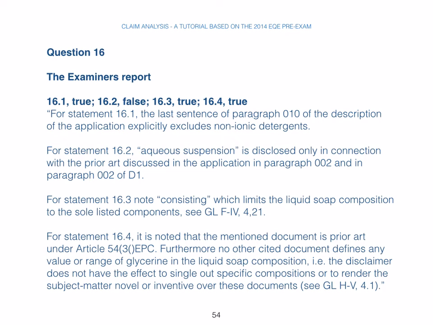I add the comment that for the guideline F Roman 4 4.21 about consisting, this guideline does not give a comprehensive explanation of the word comprising. It merely says that if a composition is defined in terms of consisting, all of the components must add up to 100%.